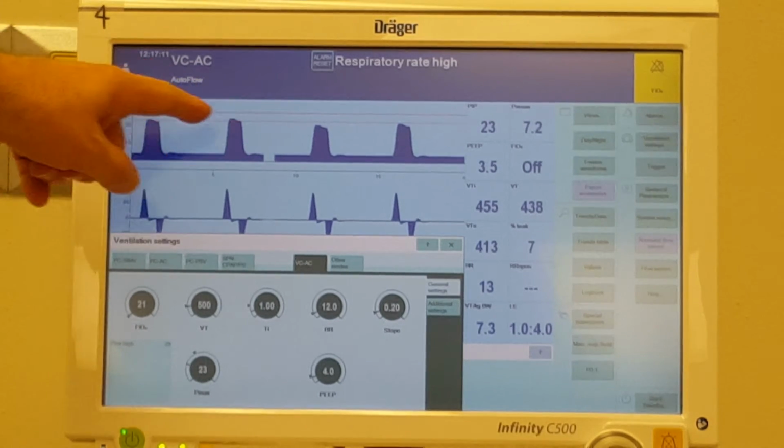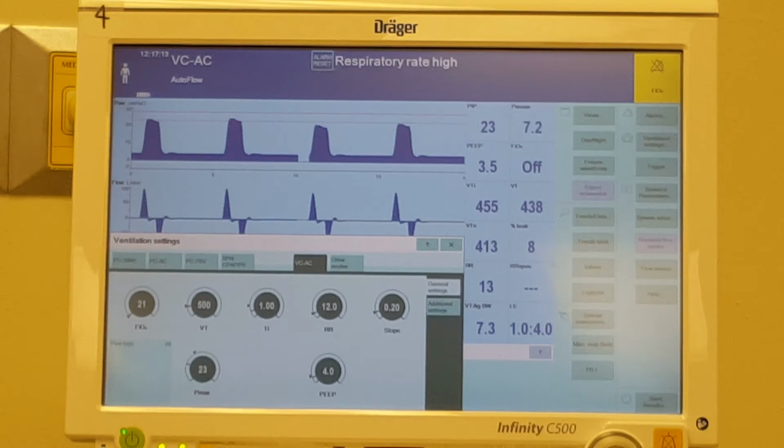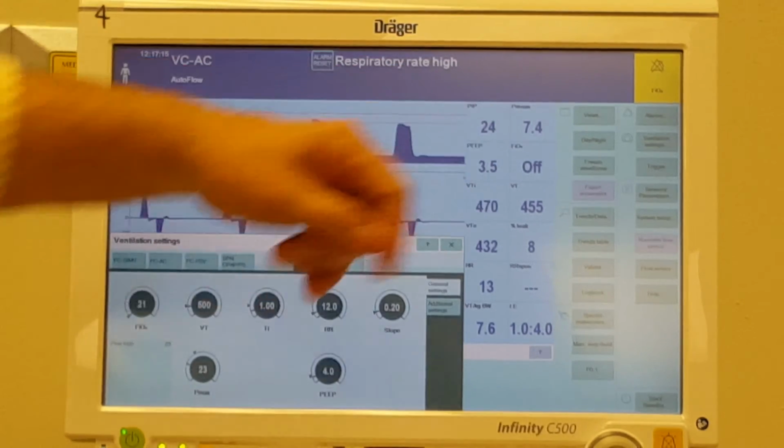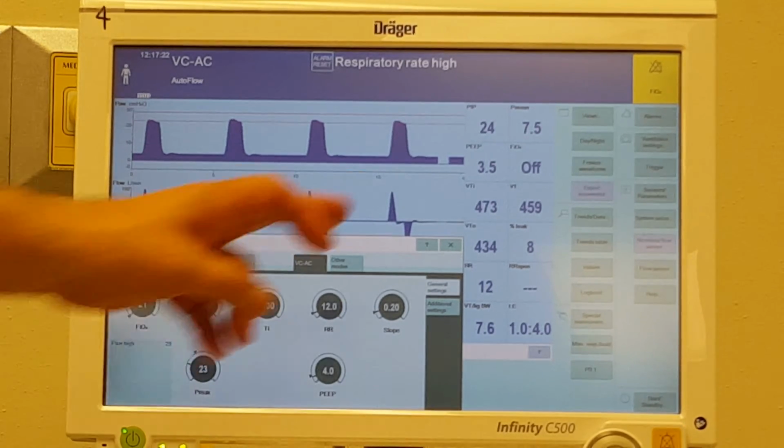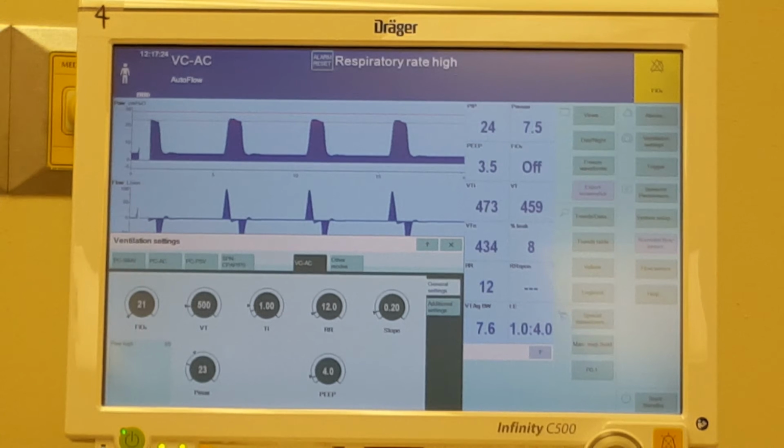See what's happening? When we hit our Pmax, it's actually limiting that pressure. So it's trying to get up to our tidal volume, but it can't because of the Pmax.